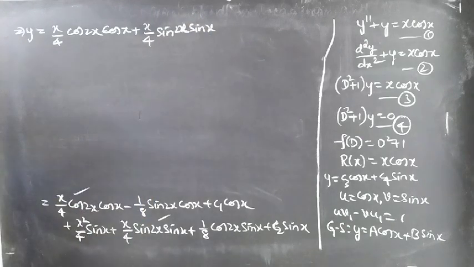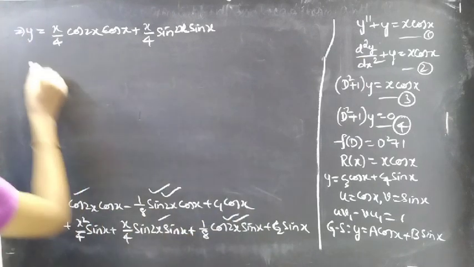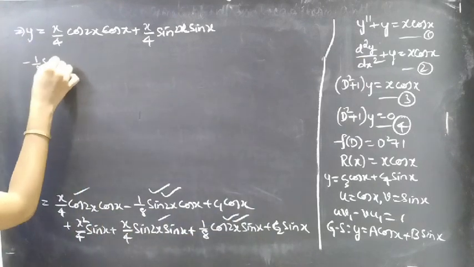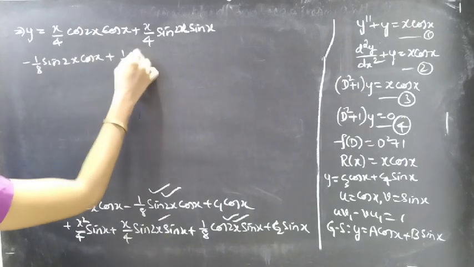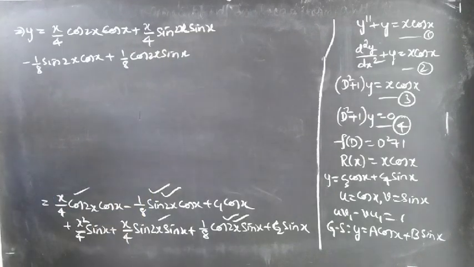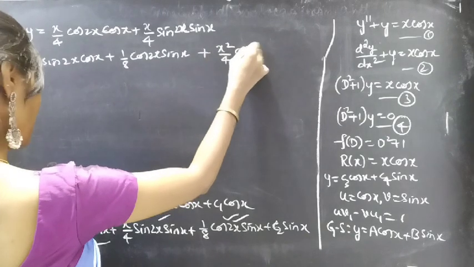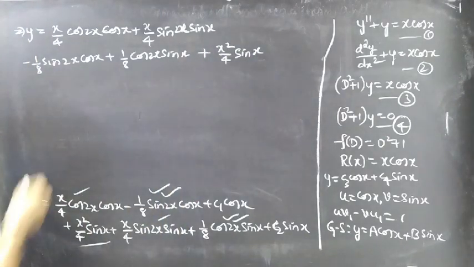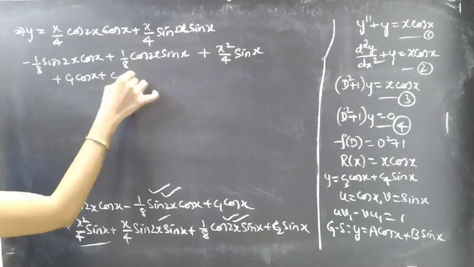Now write the terms involving 1 by 8: minus 1 by 8 sin 2x cos x plus 1 by 8 cos 2x sin x. Now write the term involving x squared by 4. We'll get plus x squared by 4 sin x. Now write the terms involving C1 and C2. We'll get C1 cos x plus C2 sin x.